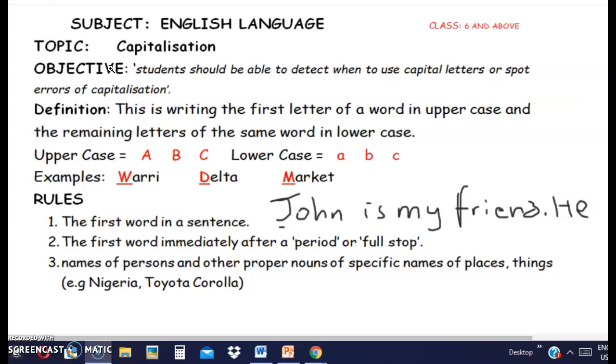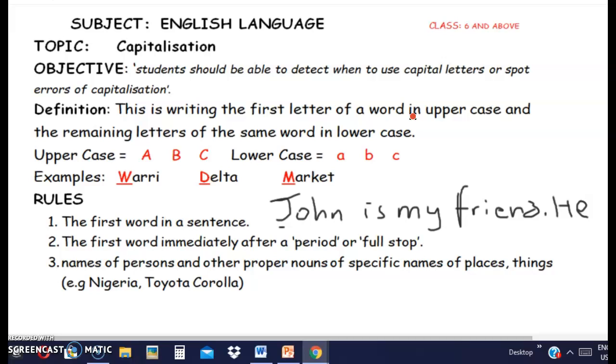Now, we are going to look at the definition of capitalization. When we talk about capitalization, it is writing the first letter of a word in uppercase, and the remaining letters of the same word in lowercase.